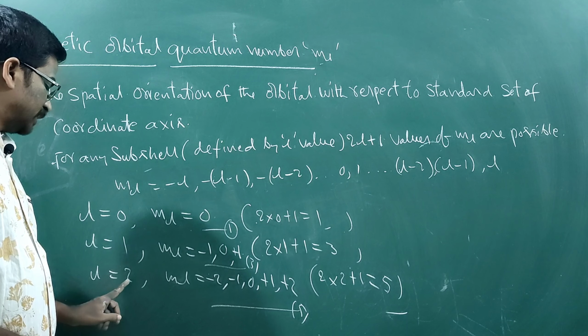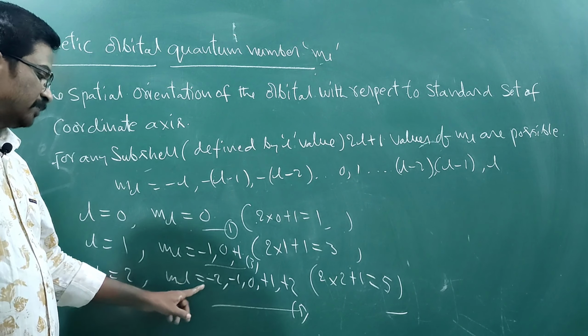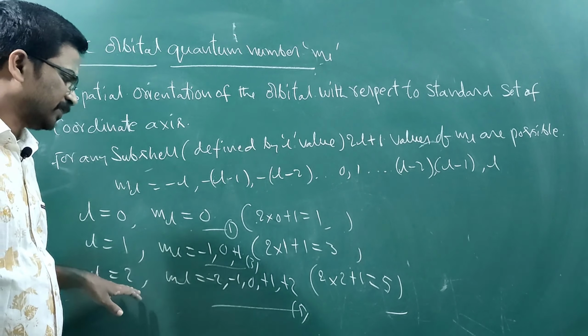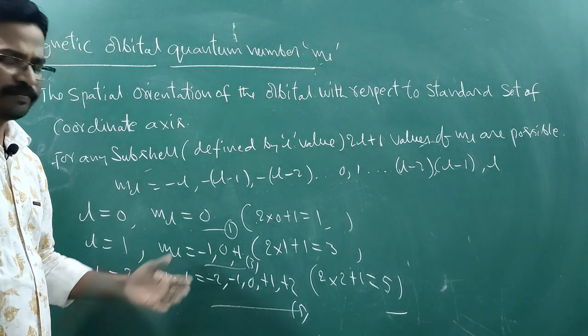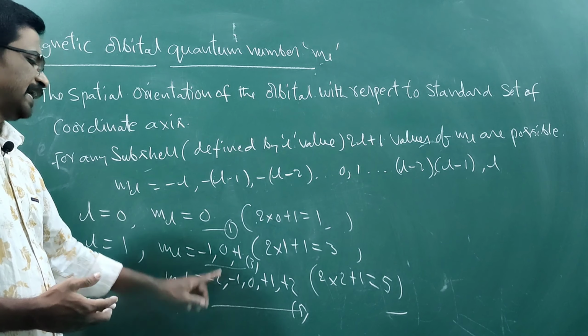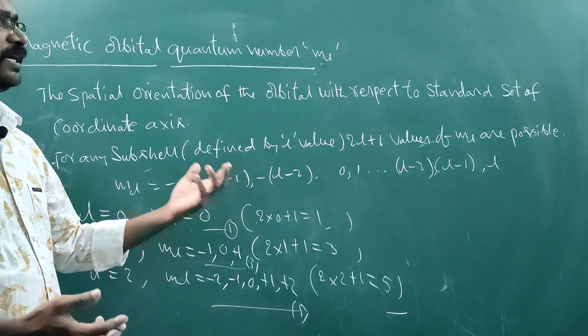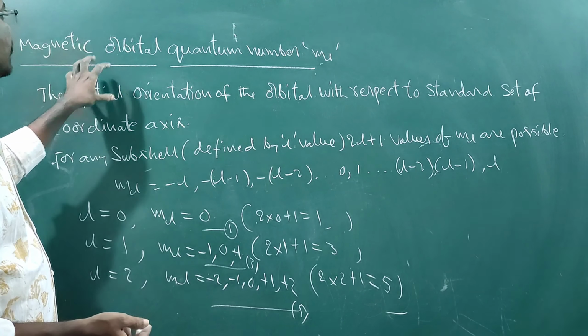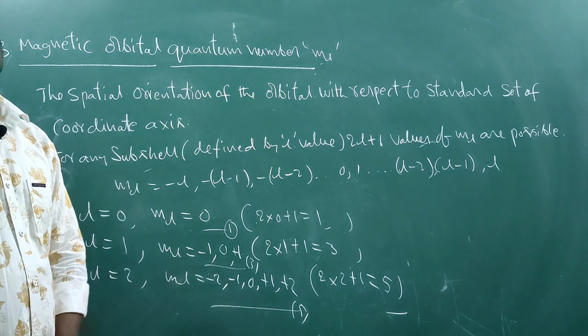For the L equal to 2 subshell, there are 5 different orbitals, oriented along different axes. In this way you can understand the magnetic orbital quantum number ML.